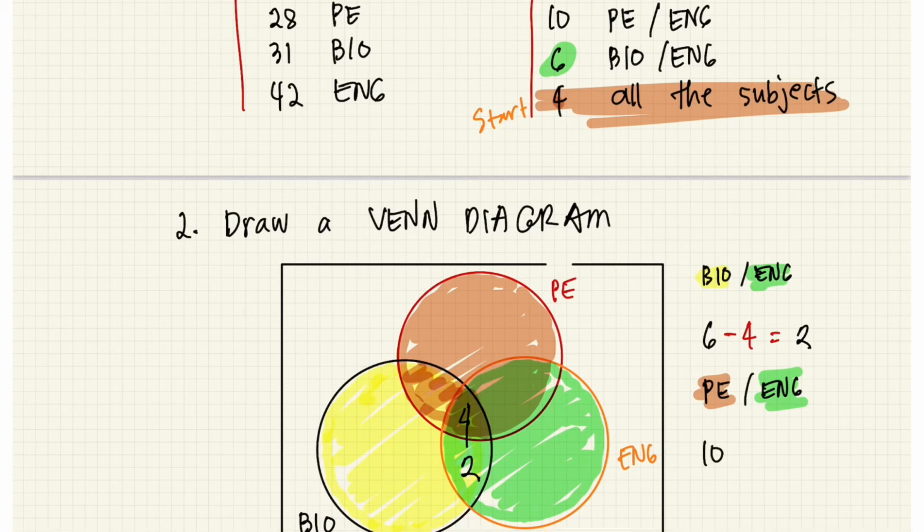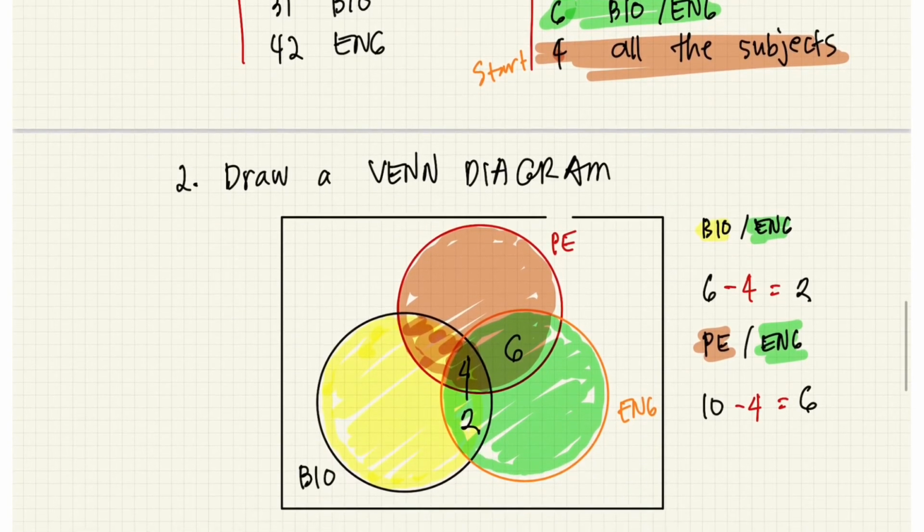But remember, there is already a certain number that connects between these 2 sets, so that is 4. So we subtract 4, and the answer will be 6. So you are going to write here 6. So when you add 6 plus 4, still there are 10 students.